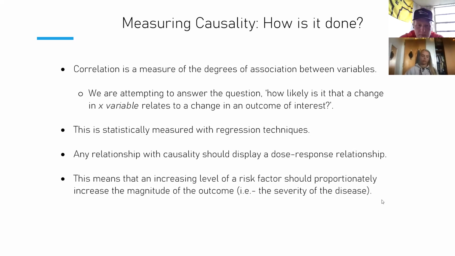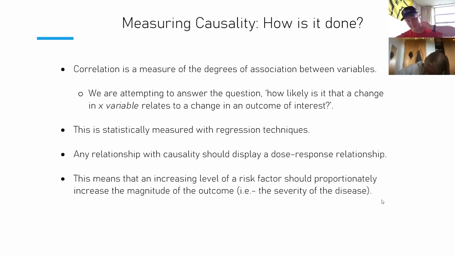For example, how likely is it that a decrease in weight, or a decrease in obesity, is related to a change in hemoglobin A1C and/or the severity of type 2 diabetes?